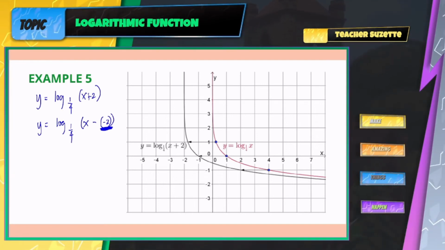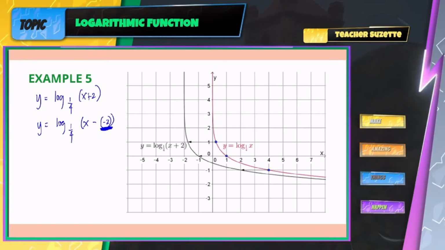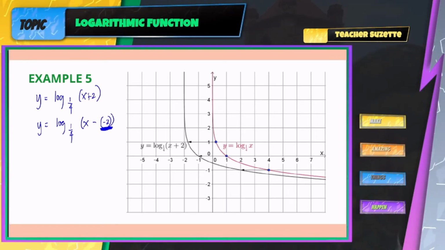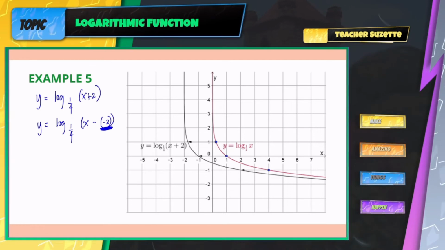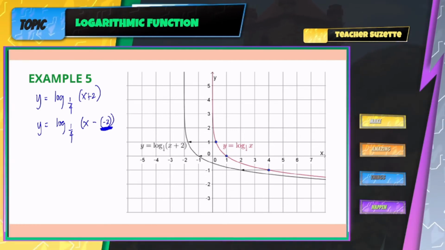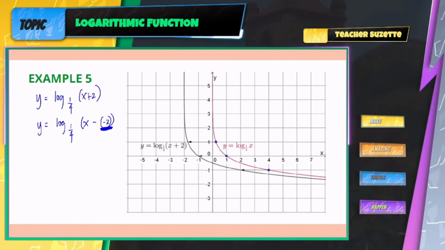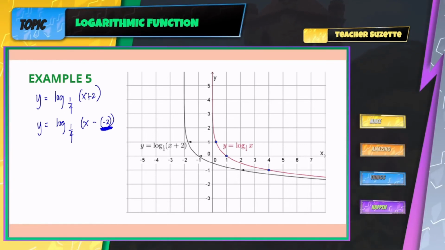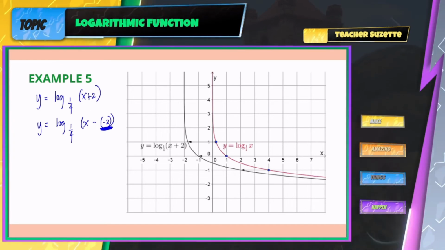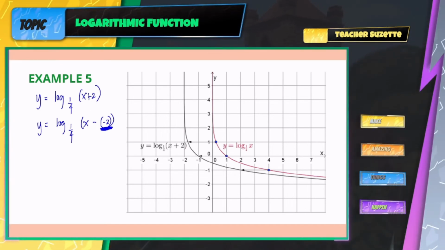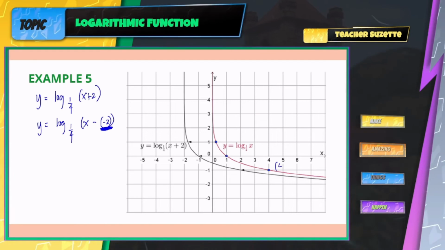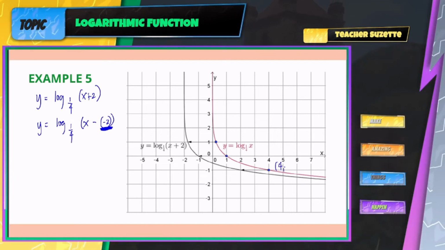So, ayan nga po, no? So, from our basic function, yung pula, nagkaroon siya ng 2 units shift to the left horizontally. So, ayan, nag-skip po siya ng dalawa. So, at some point, halimbawa po, we have here the point from our basic function 4, comma, negative 1.